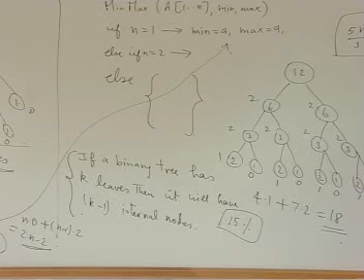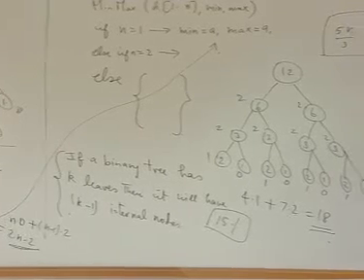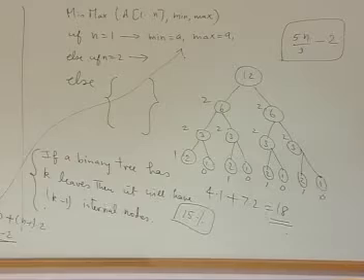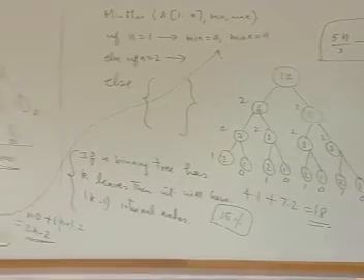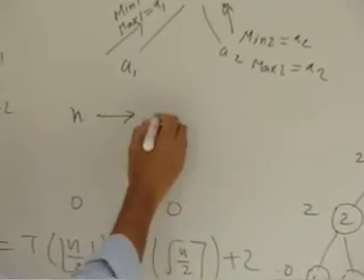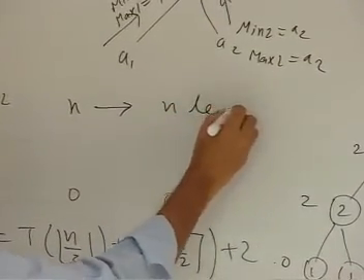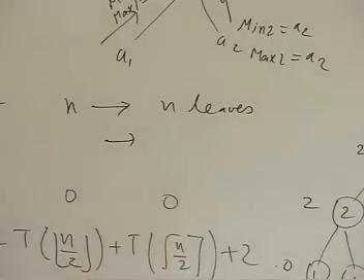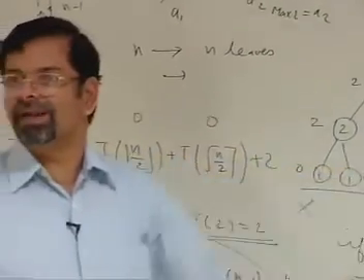If the leaves are 1 and 2, some of them are 1 and some are 2. So you start from n. If all leaves are 1, then it contributes n leaves. If some of them are 2 and some of them are 1, it is something midway like this.